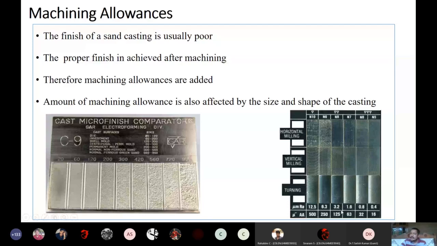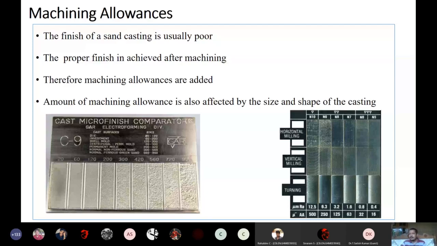The finish values are shown over here. So you can achieve a fine finish if you go for machining. Whatever surface finish you want, you have to provide extra material on your mold so that this quantity of 1 mm or 2 mm or 3 mm or 5 mm or 10 mm of material will be removed from your surface, and you will achieve a high finish.